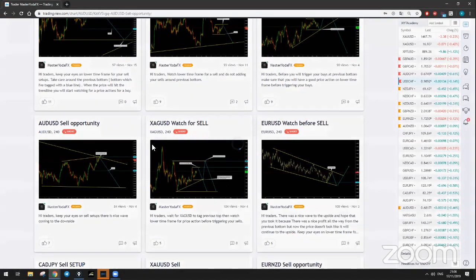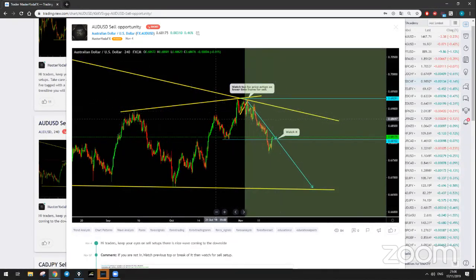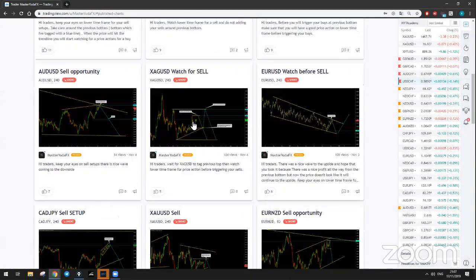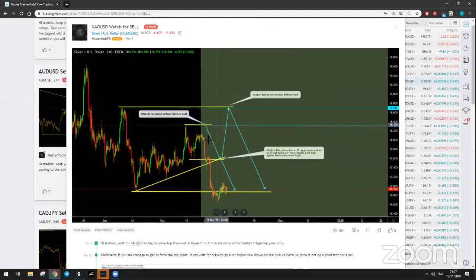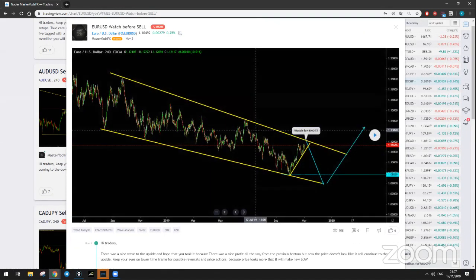Here's also AUDUSD. That one goes perfectly. If you were following us from every previous weekly market outlook, you should have caught many of those setups and should be making a nice profit. Also silver was an amazing trade. EURUSD will also be a great one.